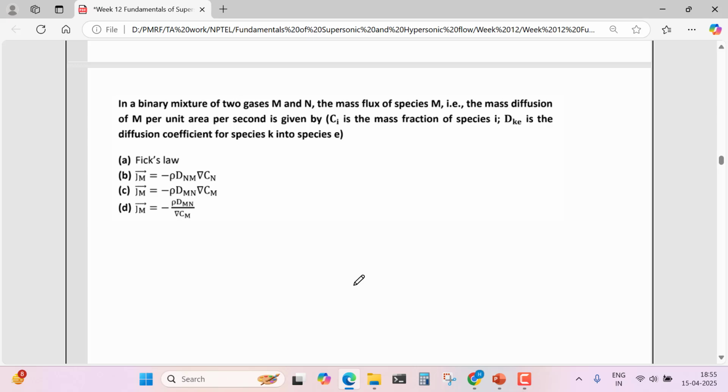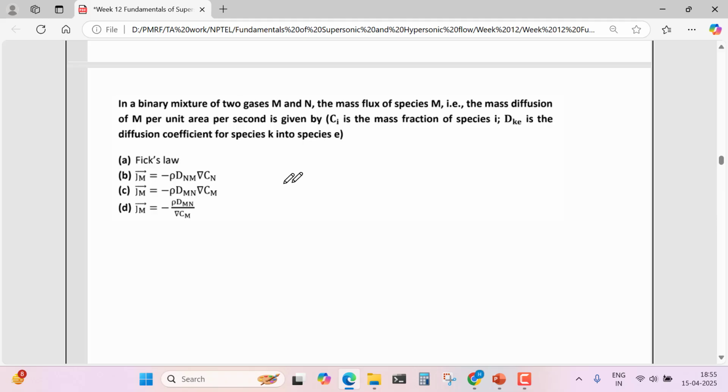Option B, J_M bar equal to minus rho D_NM del C_N. Option C, J_M bar equal to minus rho D_NM del C_M. Option D, J_M bar equal to minus rho D_MN upon del C_M.